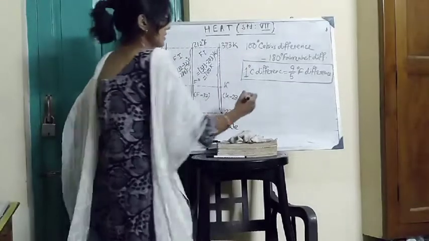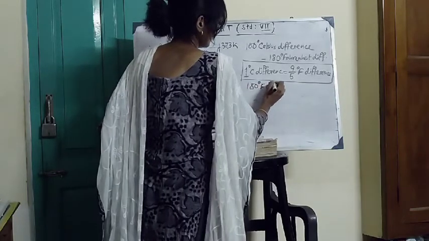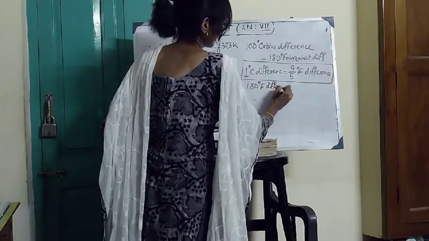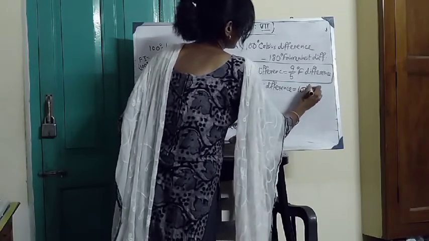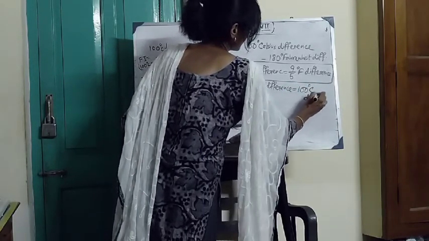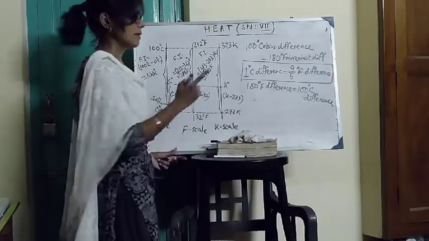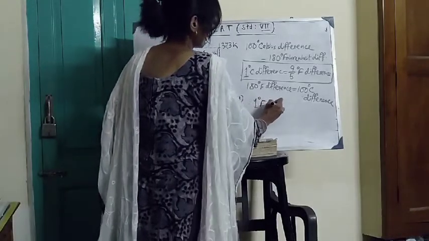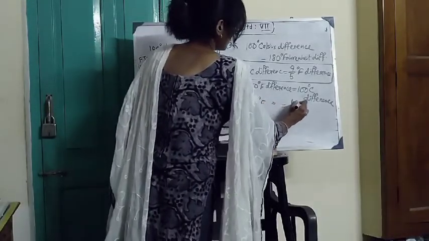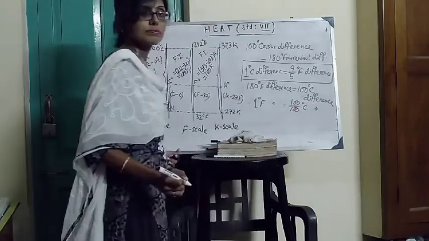Take it in the left hand side. That means 180 degree Fahrenheit difference is equal to 100 degree Celsius difference. Same procedure, apply unitary method. That means 1 degree Fahrenheit difference is equal to 100 by 180 degree Celsius difference.